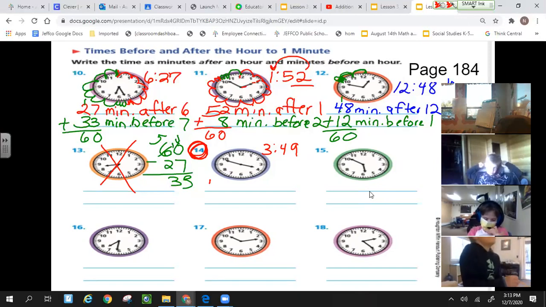And then I looked at the hour, and it's not quite to the 4, and it's still in the 3 section. So it's 3:49. All right, so how would you tell that time of minutes after the hour? 49 minutes after 3.